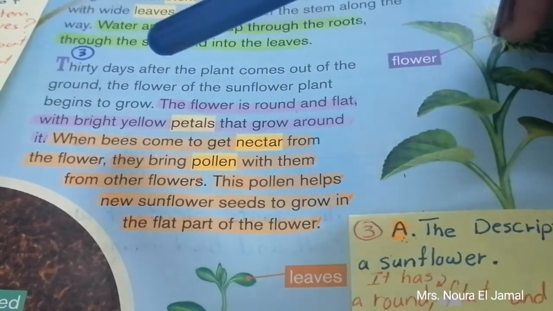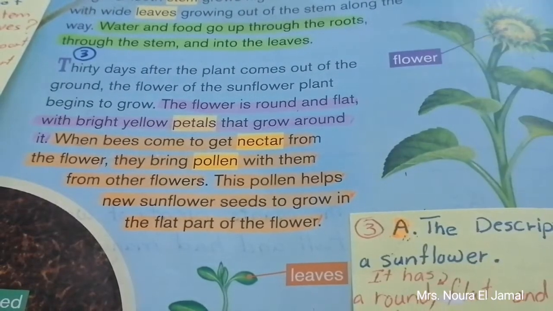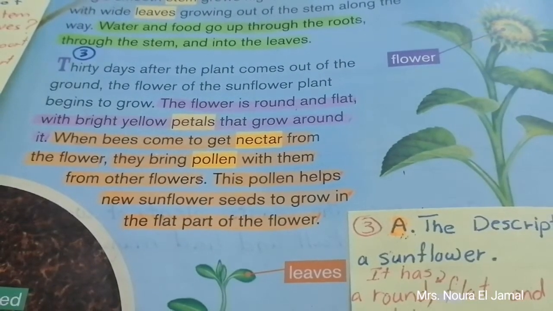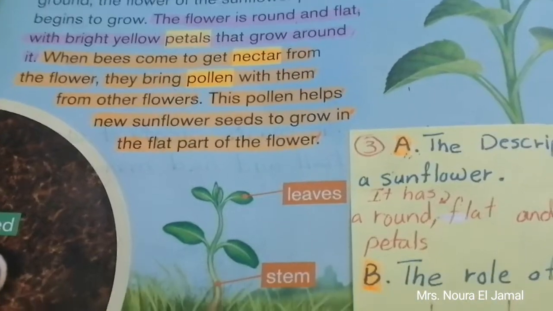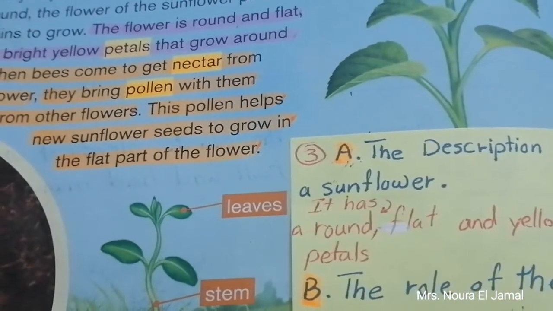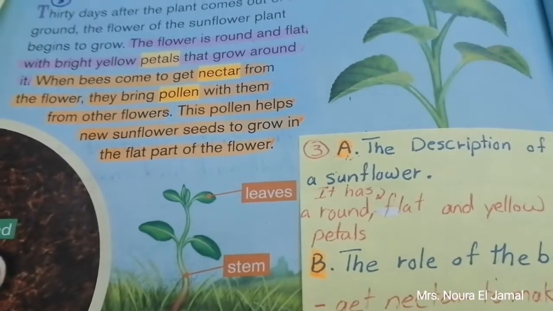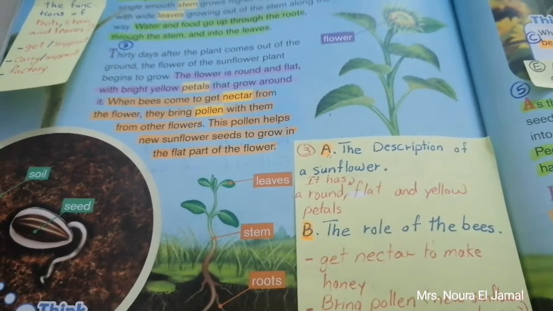So this paragraph also, the third paragraph, talks about what? We said that it talks about the description of the sunflower, and also it talks about what? The role of the bees. What is the role of the bees?